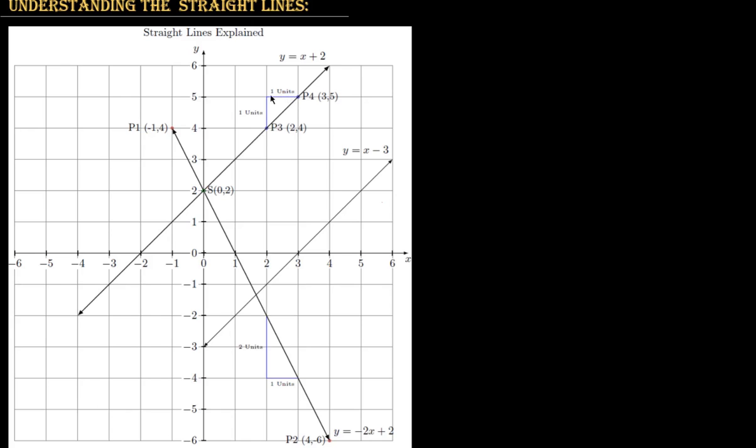If we go 1 unit to the left and 1 unit downward, it means we are moving in the minus x direction, so we are going minus 1 in x and then minus 1 in y. So sign is important. Slope is defined as the change in y divided by the change in x.